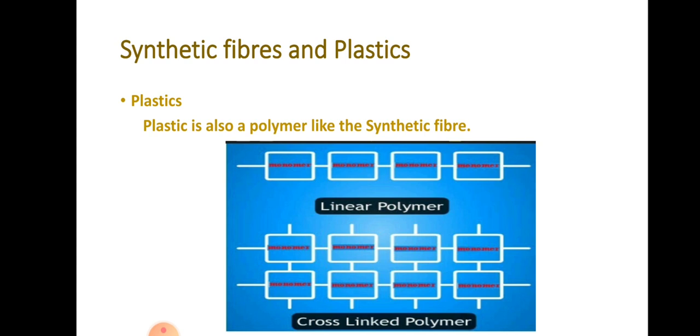Because of this property, plastics are obtained in many sizes, many shapes and many different qualities. Okay, because they are easily moldable. Plastics are easily moldable, that is, they can be shaped in any form.